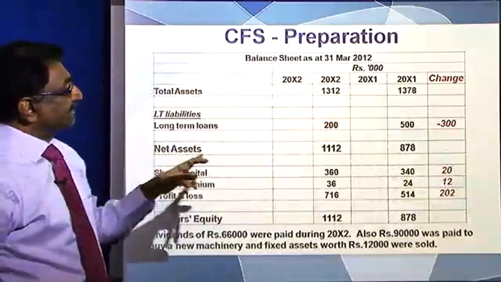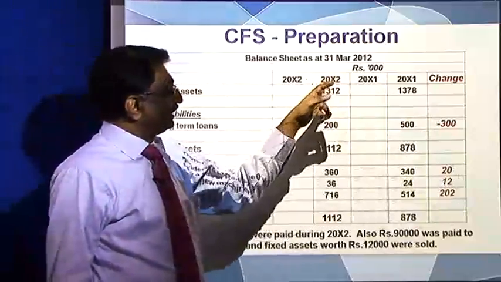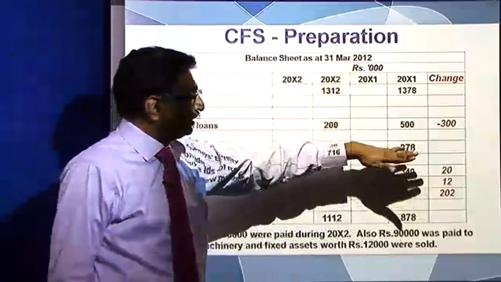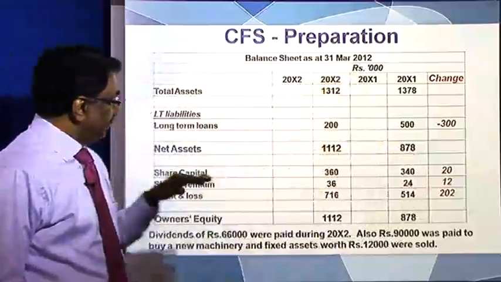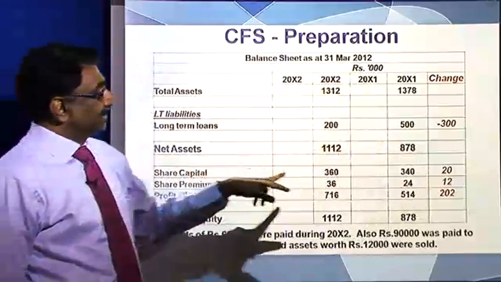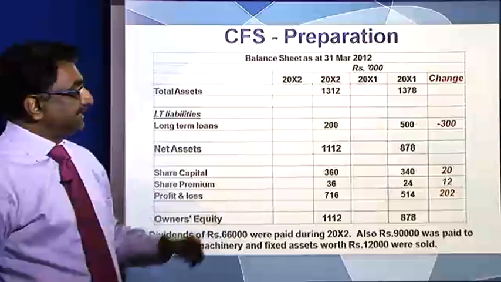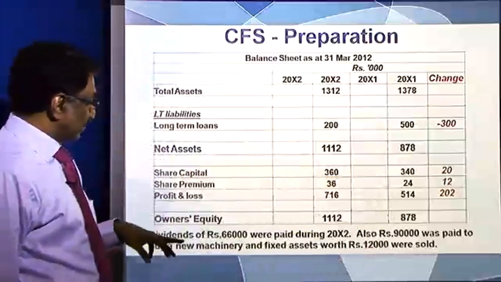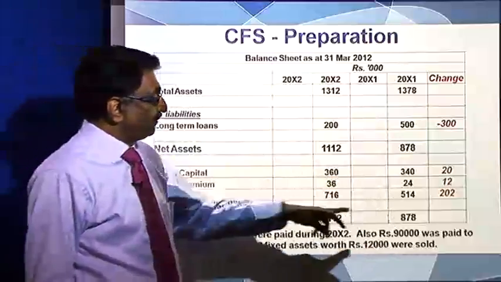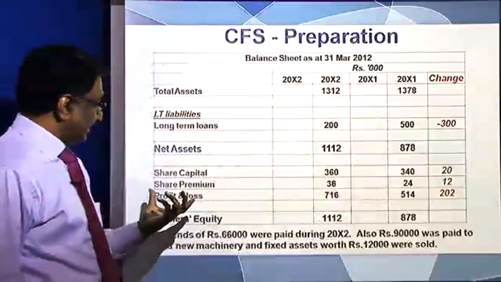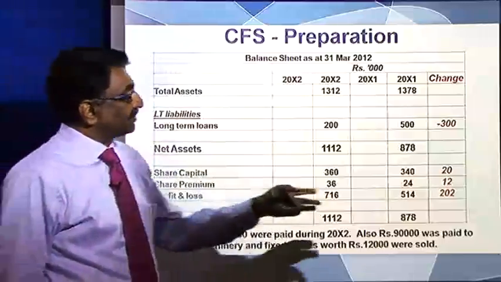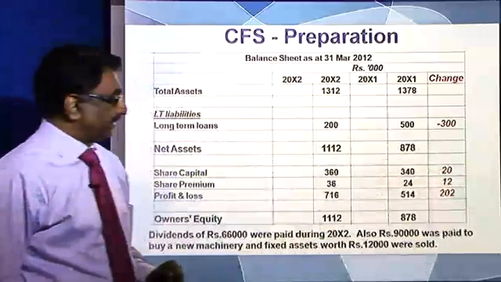The net asset figure after this, that is the gross assets minus the long term liability, was funded by the owner's equity, to the extent of share capital, which increased by 20, and share premium, which increased by 12. So all these were sources of funds, and profit also increased. The retained profit increased from 515 to 716, which is also a source of fund.